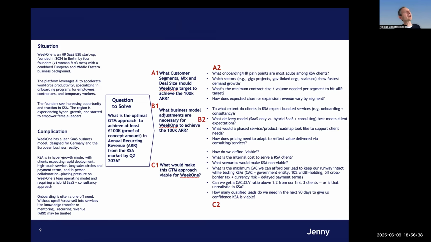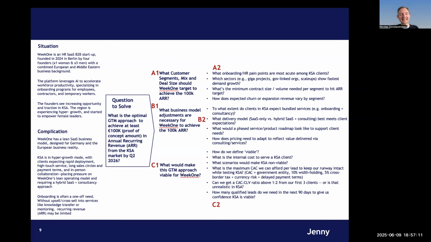My criteria could be the size of the segments, the growth of the segments, the average deal size in those segments, the level of HR maturity within those segments, and so on. We can come up with a whole bunch of criteria. So now that we know the criteria to assess those segments, what we need now is data.